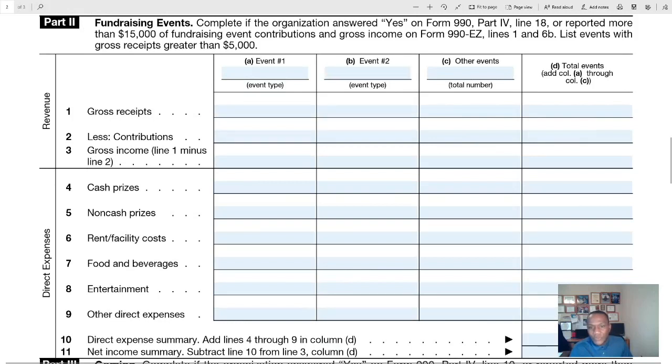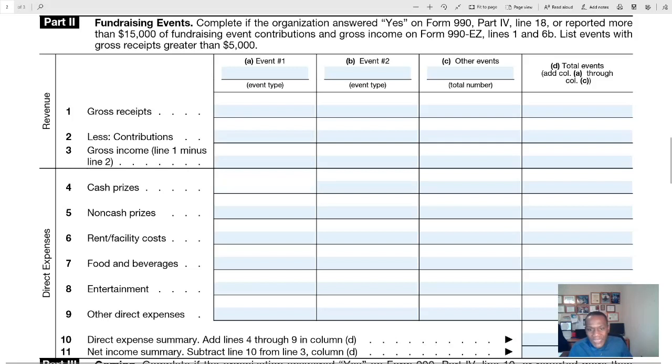Event number two, less contributions. Basically, the difference between the amount the organization received and the amount the fundraiser received would be here, and then gross income from that and so forth.